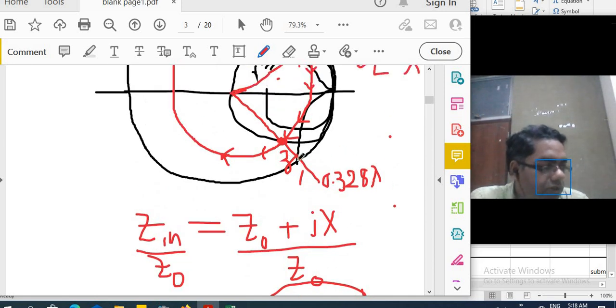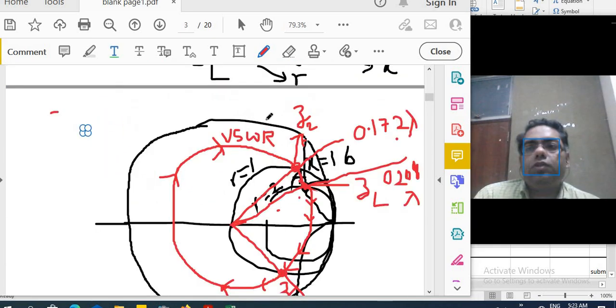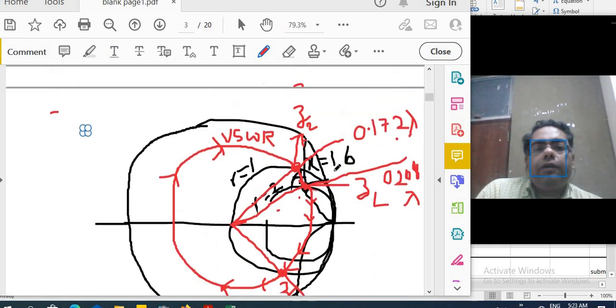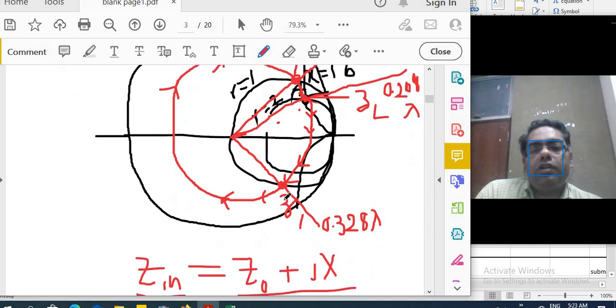So d1 is just the difference of this. If for this ZL you extend outside, it is 0.208, and this is the Z1 point. From the center, if you extend outside, it is 0.328 lambda.